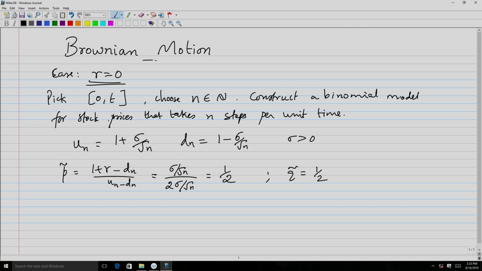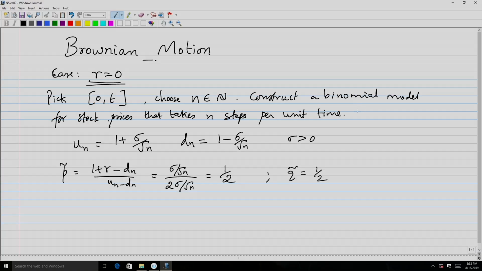Now, recall that the asset price in a binomial model at time n is determined in terms of the initial stock price S naught and the number of up movements and the number of down movements in the stock. That essentially means the result of the first n tosses, if it is an n period model.